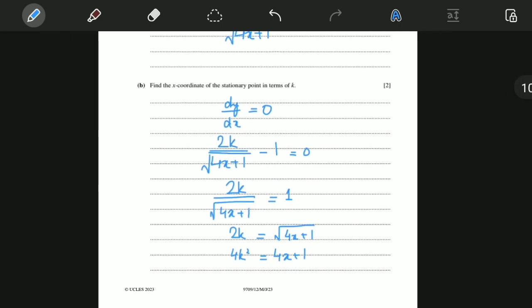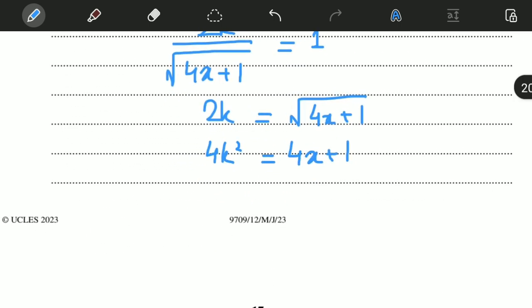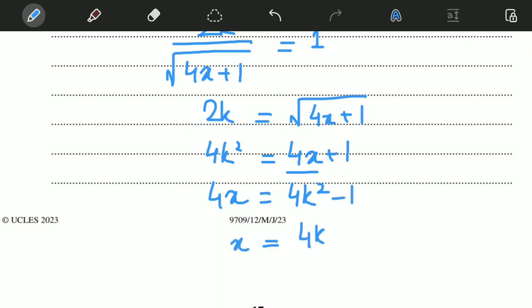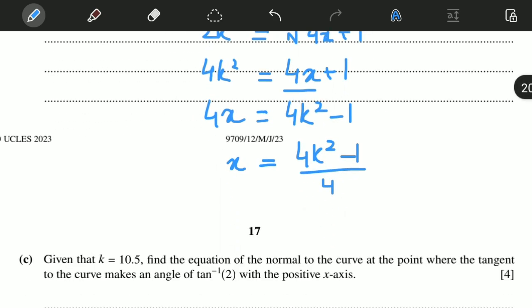And we have to tell the x coordinate in terms of k, so taking out 4x, keeping 4x over here, and this will become 4k square minus 1. X will be 4k square minus 1 over 4.